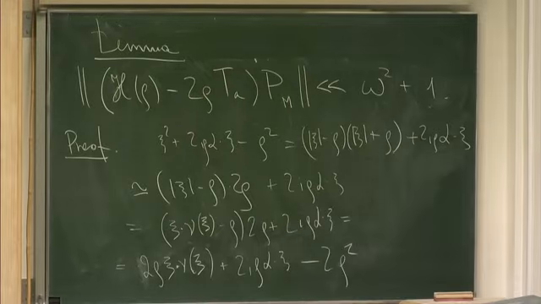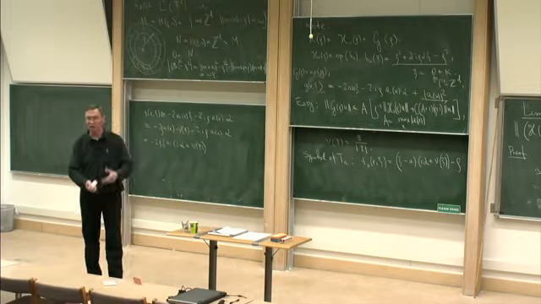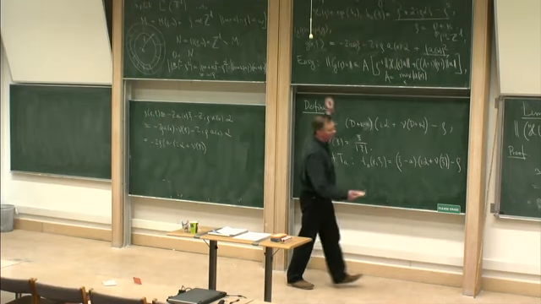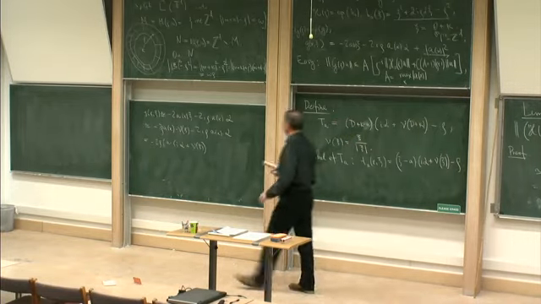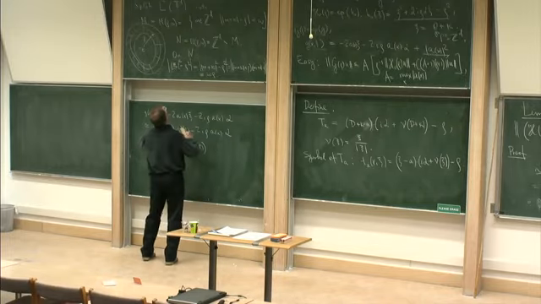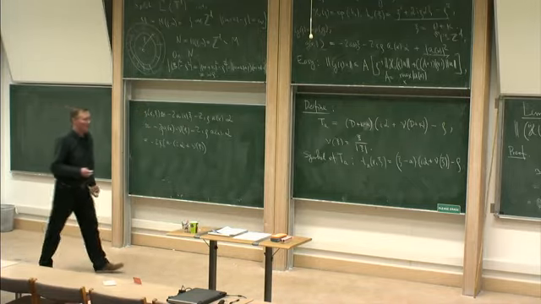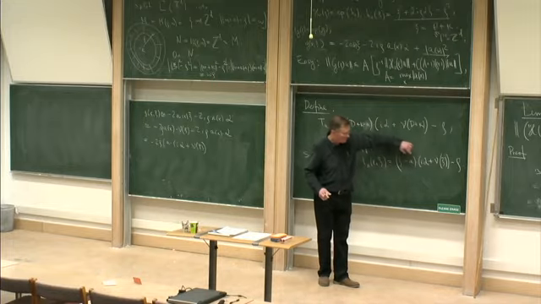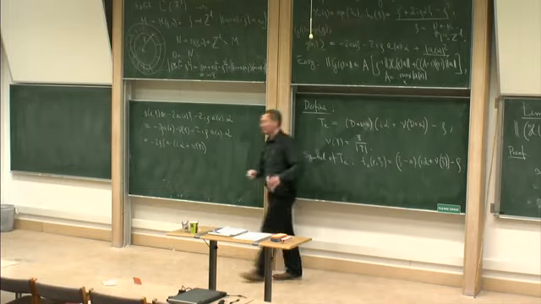Now, can we diagonalize the first order operator? That's the question. Now we want to get rid of the magnetic potential in this formula. Now, why do we want to do that? Because if we didn't have A, then it would be very easy to get the bound of the following type.